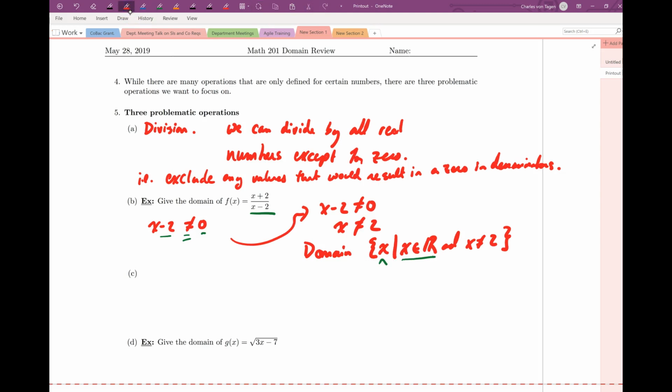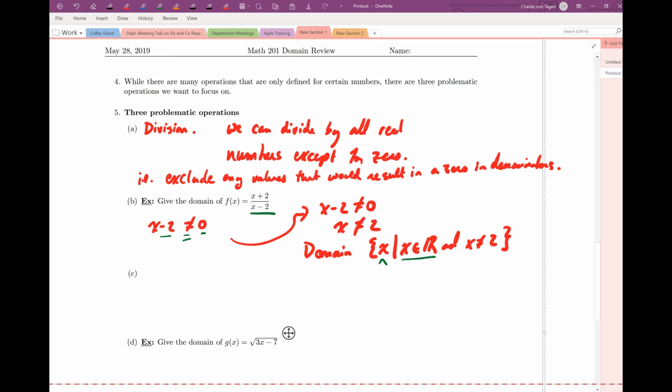So whenever you're dealing with a function that has division in it, you need to do some sort of version of saying, I need to ensure that the denominator of that function is not 0. Okay, the next problematic operation is that we can only take the even-powered roots of non-negative numbers.